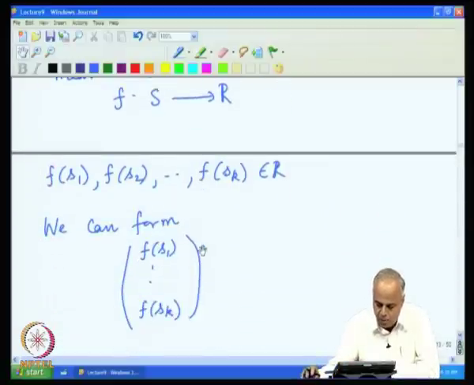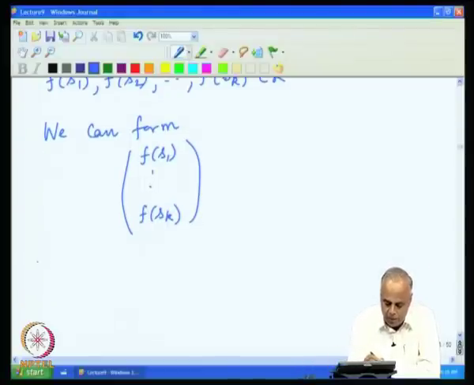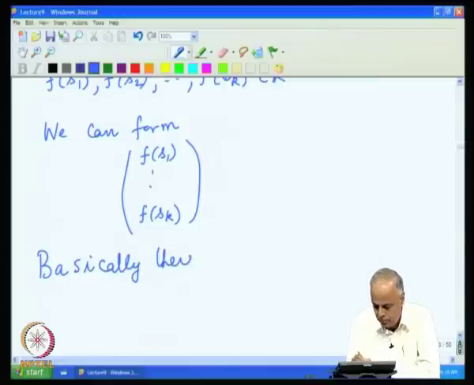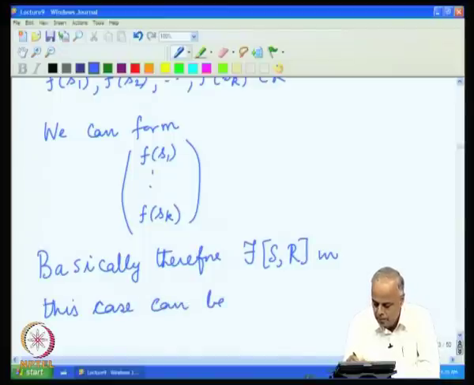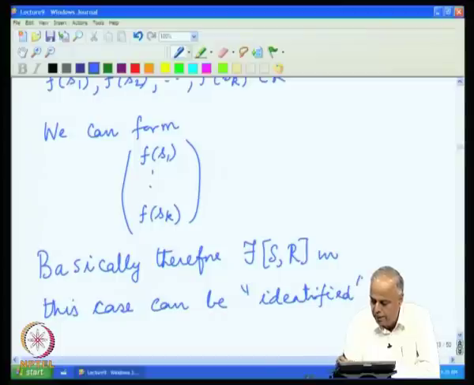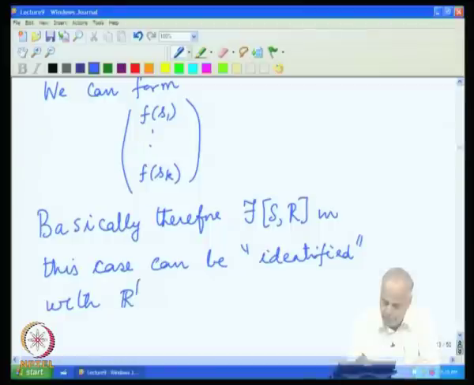We will see more detail about such identifications at a later time, but basically F(S,R) in this case can be identified with Rk. At least we see such a function is only an element of Rk in disguise.